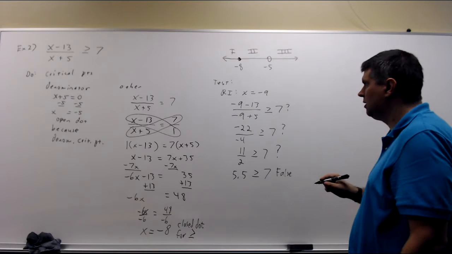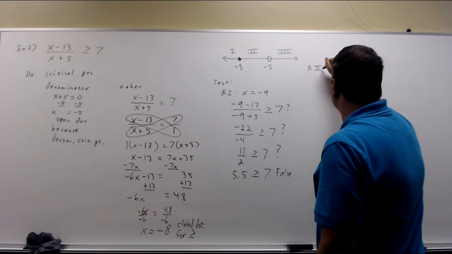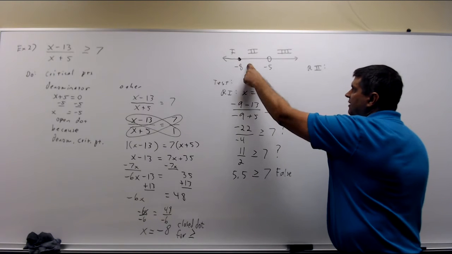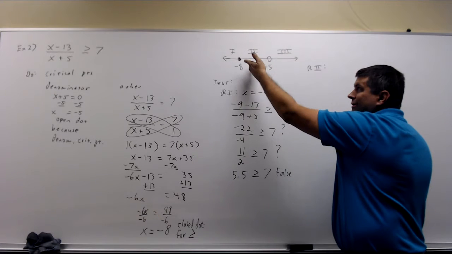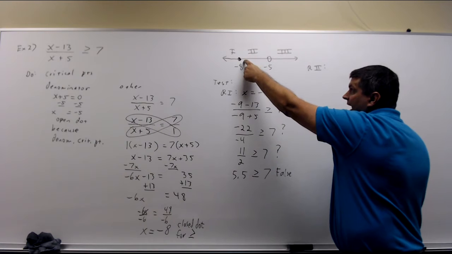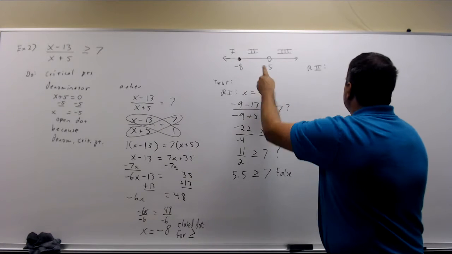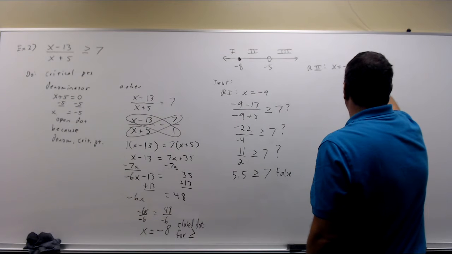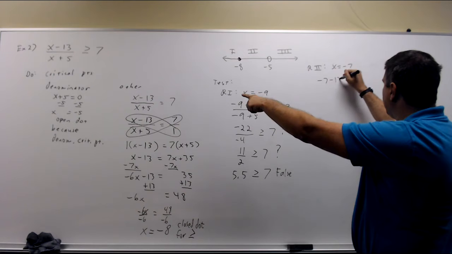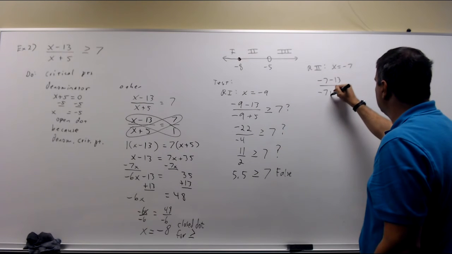Okay? Region 2. Well, I could either use -7 or -6, or -6.5, or -5.1, or -7.9, or something of that nature. I'll do -7. So, (-7 minus 13) over (-7 plus 5).